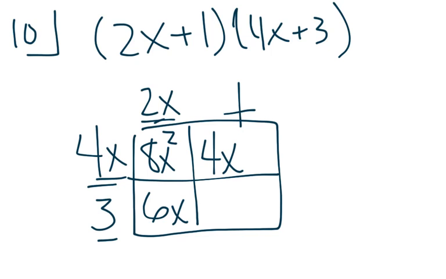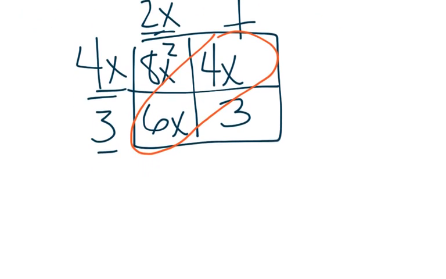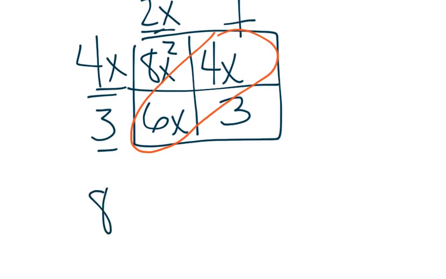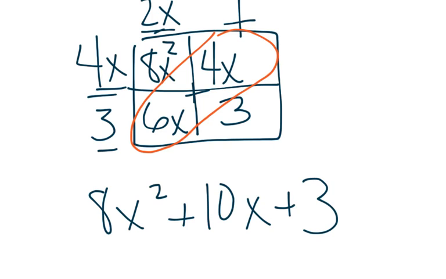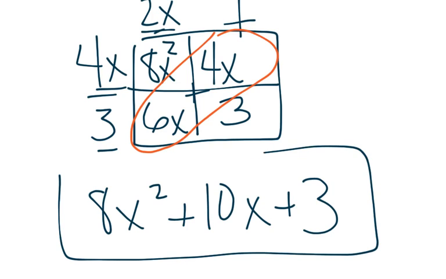And 3 times 1 is 3. So now we are going to combine like terms and write it in order. So we have 8x squared, and then 4x plus 6x is 10x, and then plus 3. And this is our final answer.